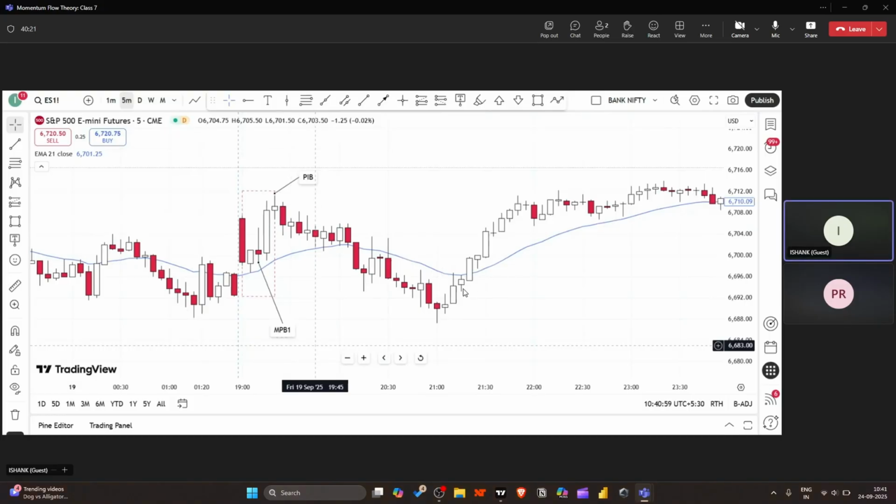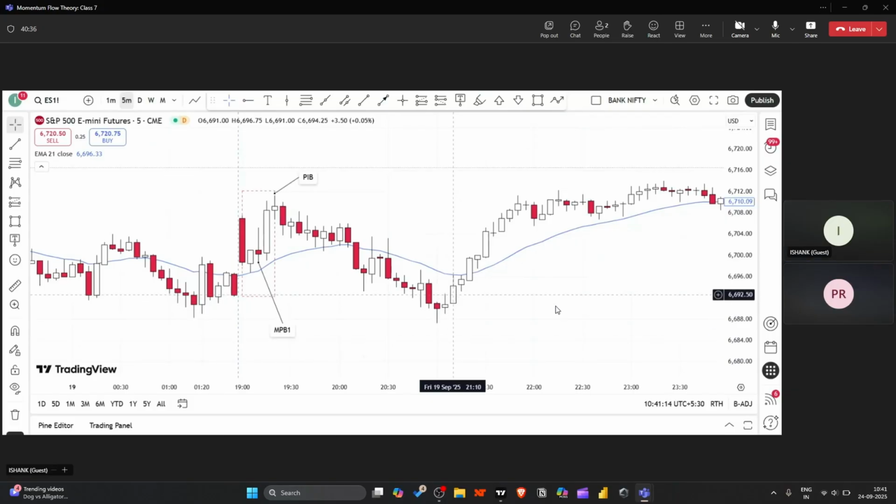Okay, let's say randomly from 21:10. Here, where did the spike start from? From here I would take only the bull bar.